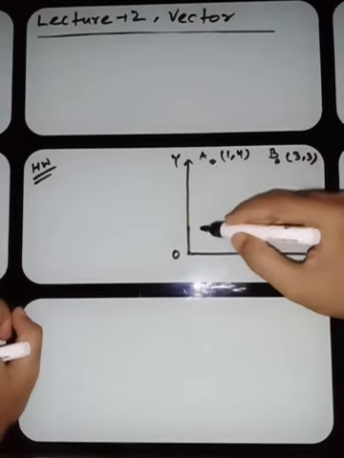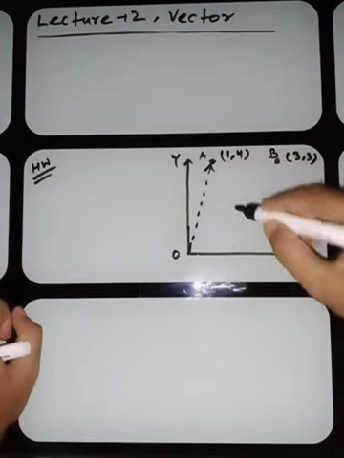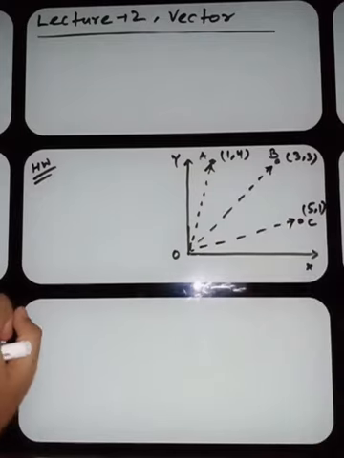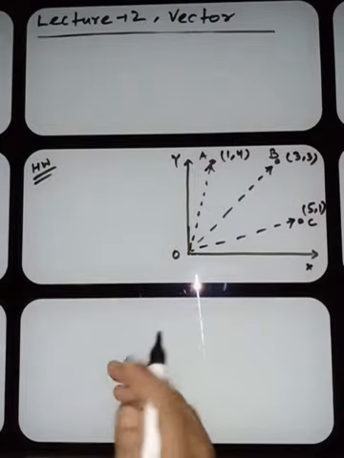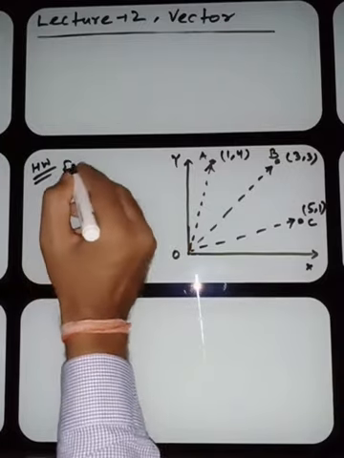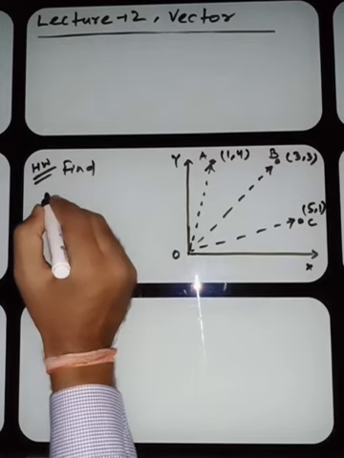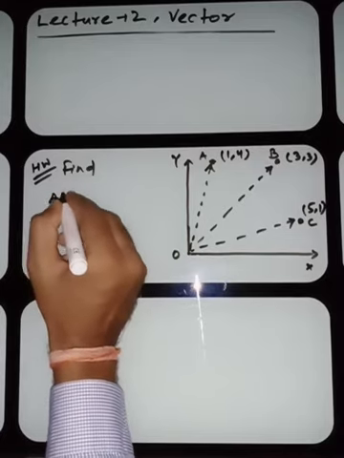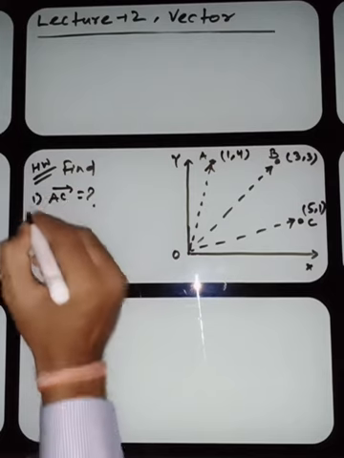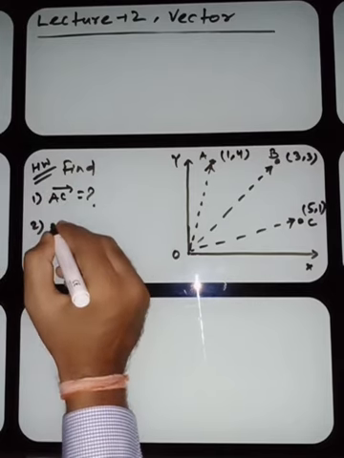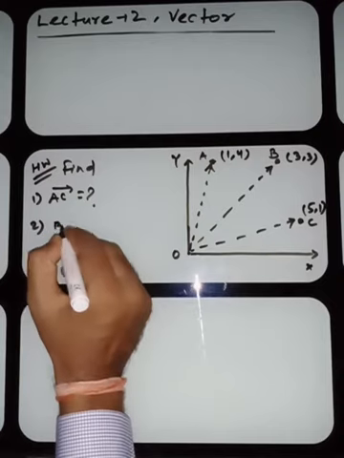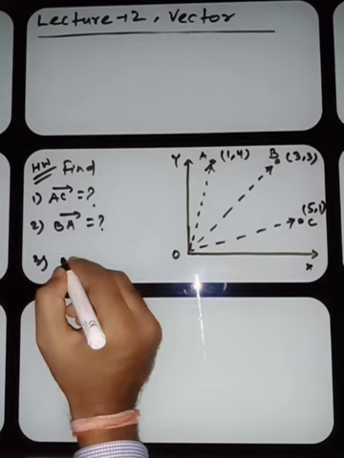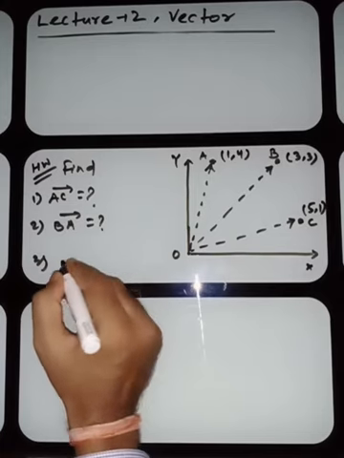Now my question: using the triangle law, you have to find the position vector AC first. The second, you have to find the position vector BA. And the third, you have to find the position vector CB.